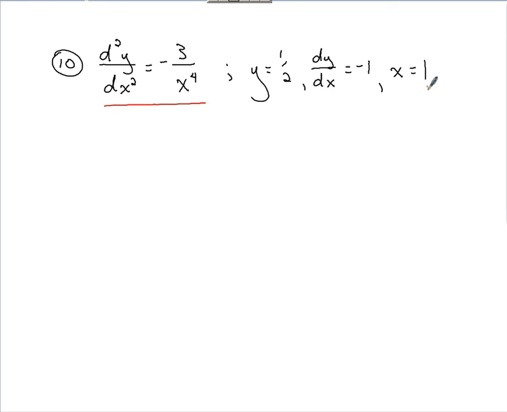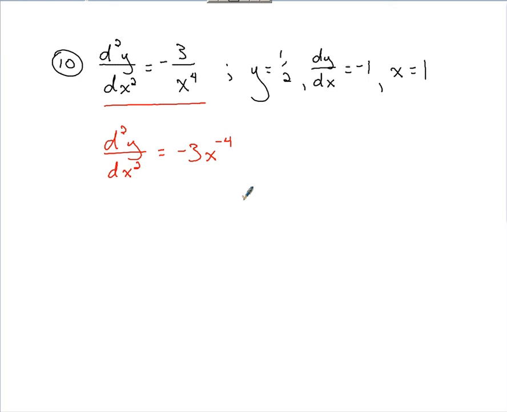Okay, starting with this fun little presentation. You got the second derivative. Second derivative equals negative 3 over x to the fourth. So if we rewrite that, it's negative 3x to the negative fourth.